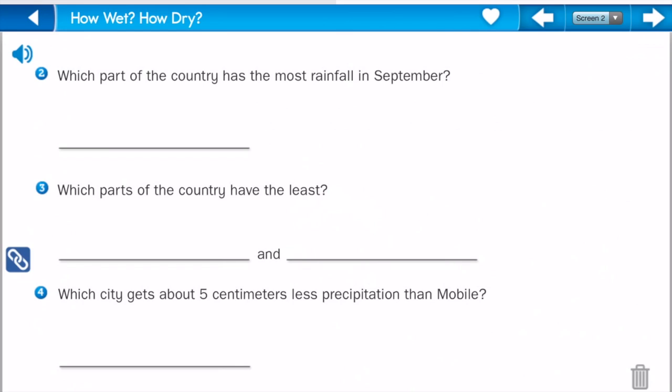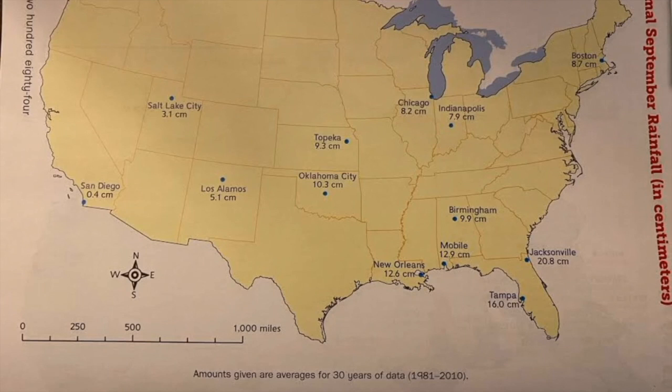So they're going to ask us which part of the country has the most rainfall in September. So let's look back at the map. Which one has the most rainfall? Which part of the country?